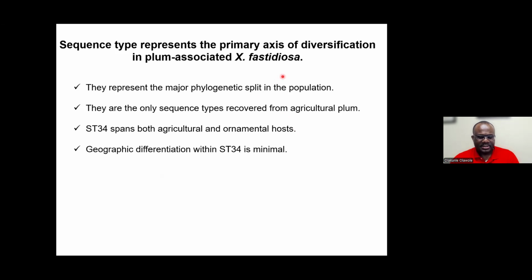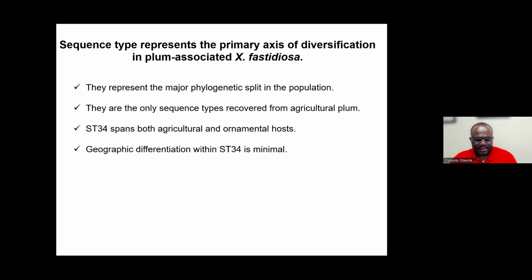And one interesting thing about these two groups is that both sequence types have strains that are recovered from agricultural plum, with the ST26 being exclusively from agricultural plum hosts, and the ST34 being a mix of both ornamental and agricultural plum.